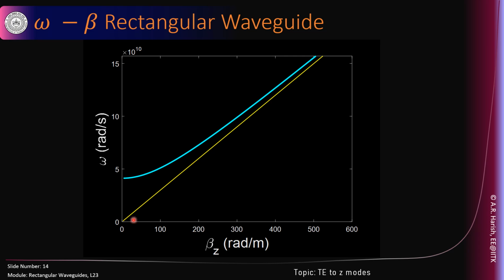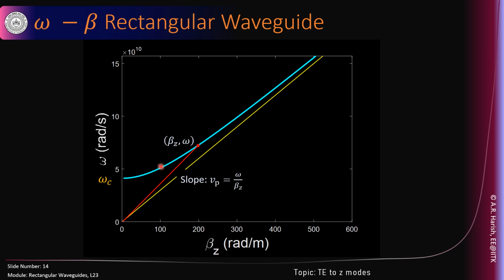There is a value of omega when beta z becomes equal to 0, and we call that omega as omega c, the cutoff frequency. Now, if I choose any point (beta z, omega), the slope of the line which joins the origin to that point is omega by beta z, which is the phase velocity.